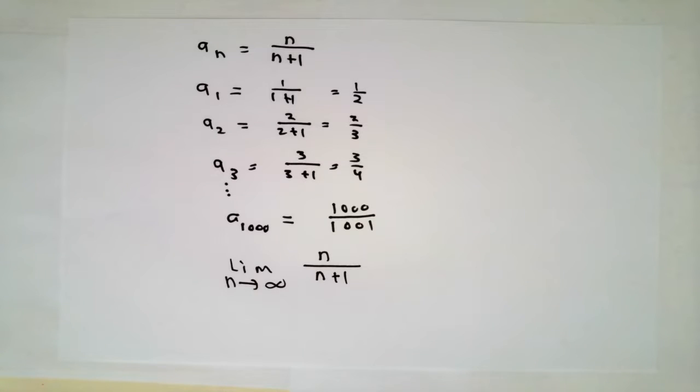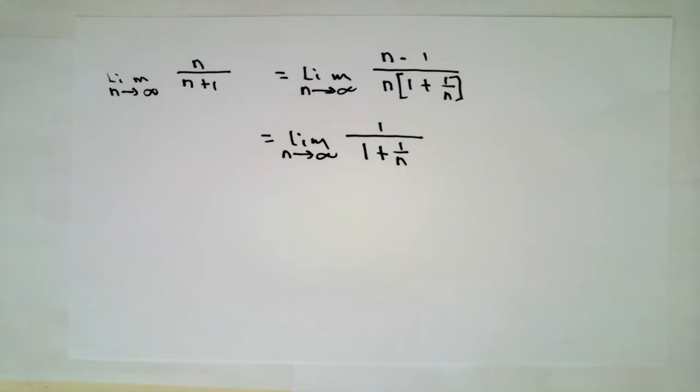Sometimes when you're dealing with the limit of such things, as we allow the n to become indefinitely big, you can just do algebra trickery on it. n over n plus 1 can be written as, in the numerator, n times 1, and in the denominator, n multiplied by 1 plus 1 over n.